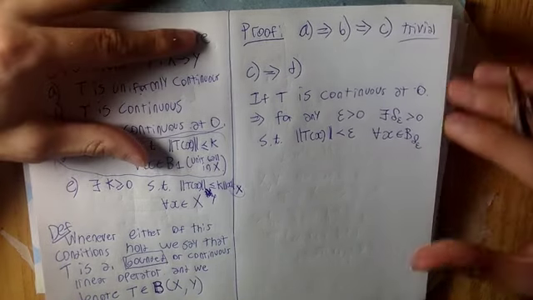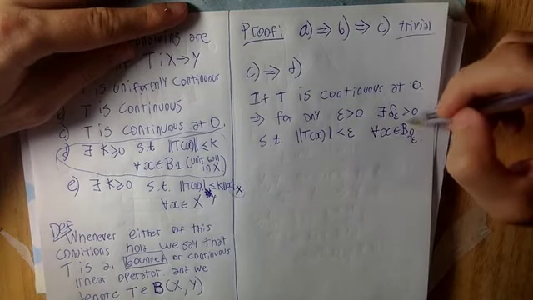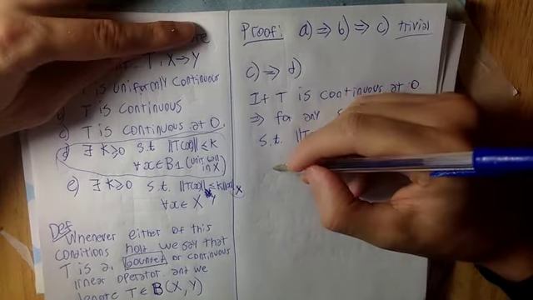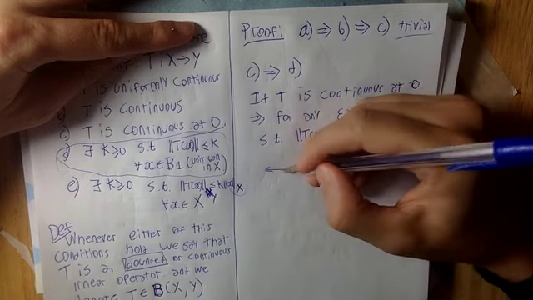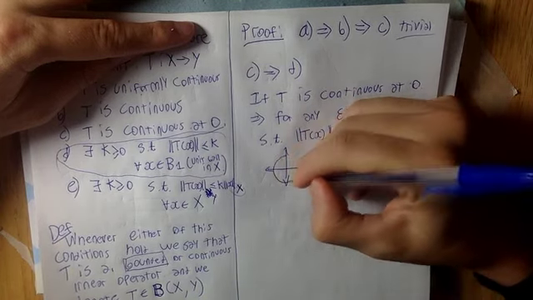So now we have a boundedness condition in some little ball, whereas here we have the ball of radius 1.